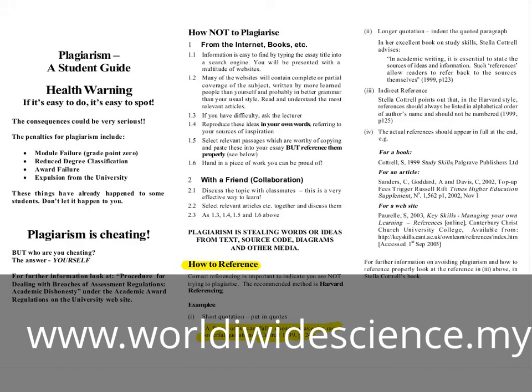Or you can reference, for example, in her excellent book, where her means the author's name. You put the author's name in place of her. Like in Alia's excellent book on study skills, she advised that this is good, then put the year and the page where you got this statement. Okay.